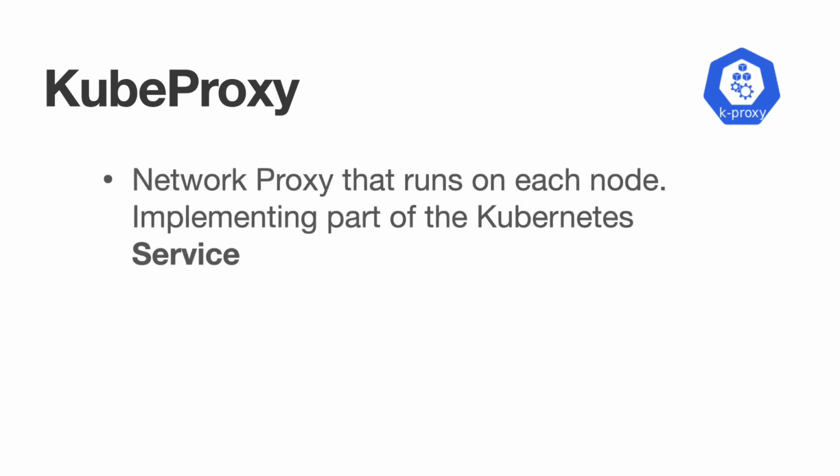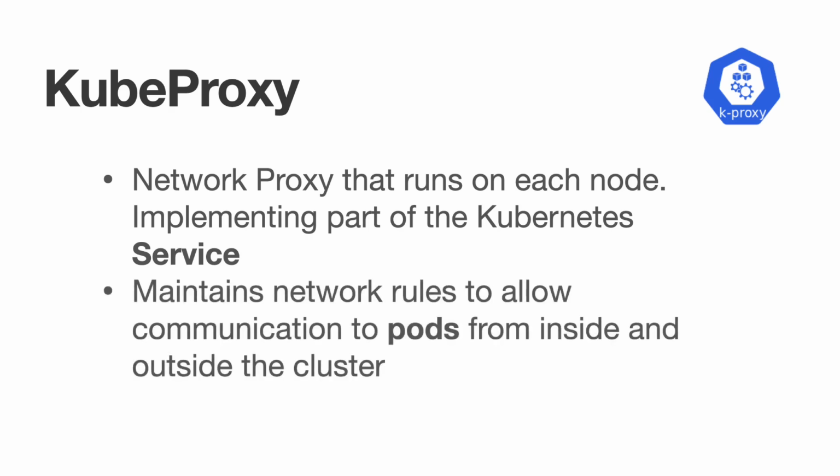The kube-proxy is a network proxy that runs on each node, implementing part of the service. We've been learning about services, you've learned about cluster IP, load balancer, node port, so on and so forth. So basically, kube-proxy is part of the Kubernetes service. It maintains rules to allow communication to pods from inside and outside of the cluster.